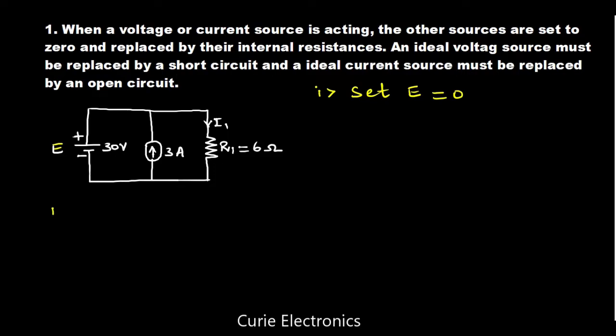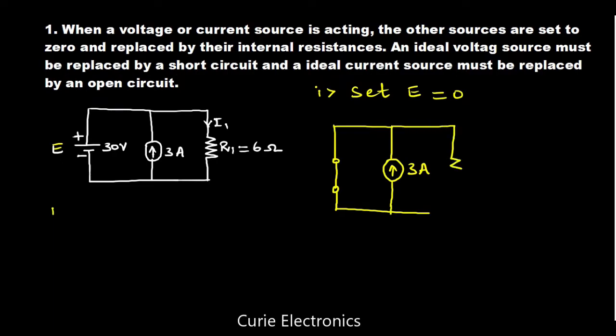So I'll redraw it. We have a current source, that is 3 amps of current. Then we have our 6 ohm resistor, that is the R1.